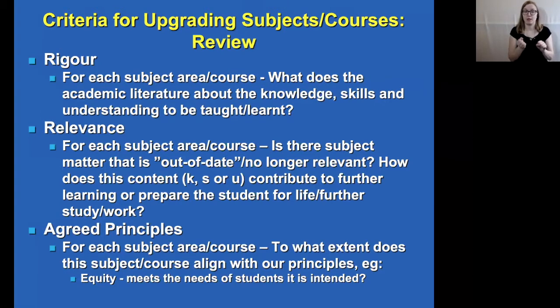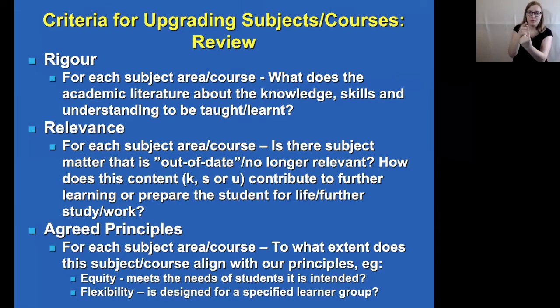So it's really checking the alignment with the principles that you've agreed on. I've used equity as an example. Flexibility might be another. Is it designed for a specific learner group? Have we enabled the students taking this course? Have we designed courses that are right for this particular group of students in this cohort?